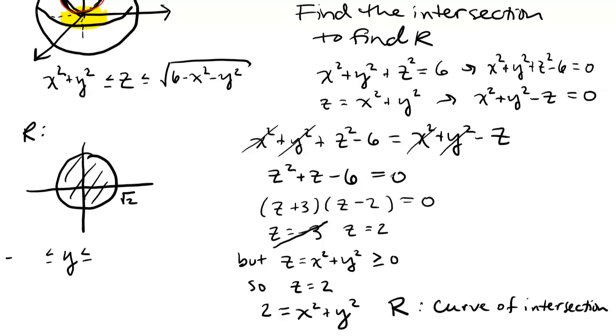So we'll go from the negative square root of 2 minus x squared to the positive square root of 2 minus x squared. That just comes from solving this for y, and then noticing we go from the lower semicircle to the upper semicircle. And then x goes from negative square root 2 to positive square root 2.